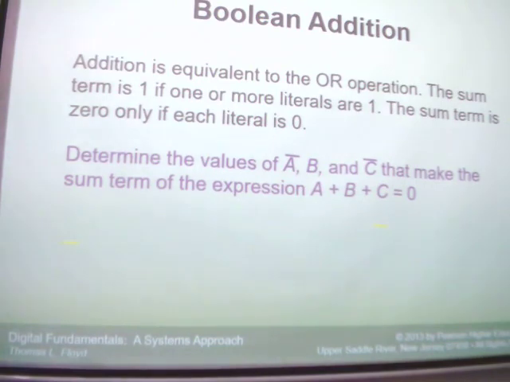Yes, because A overbar is the complement of A, so it is 1. B equals 0. And C overbar equals 1, because it is the complement of C. So the answer is C.